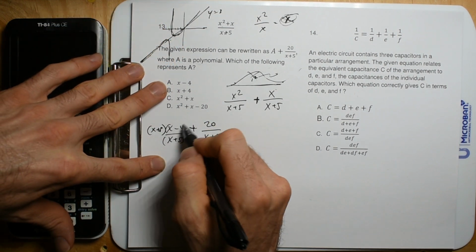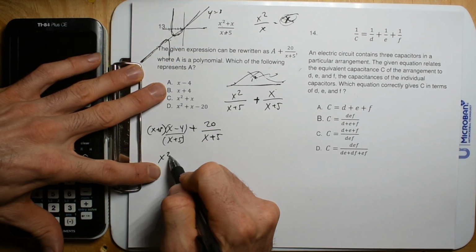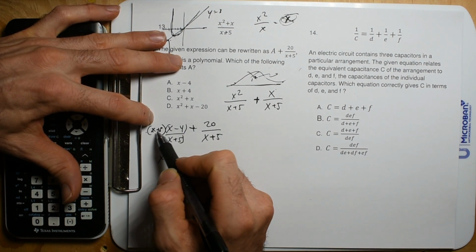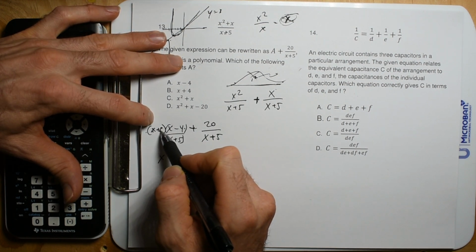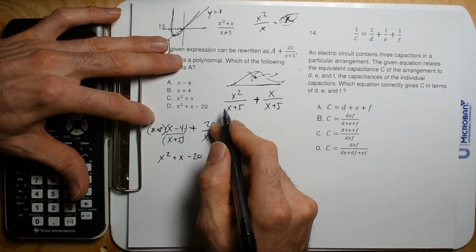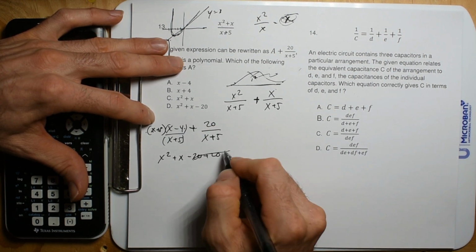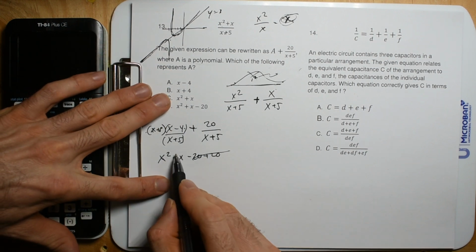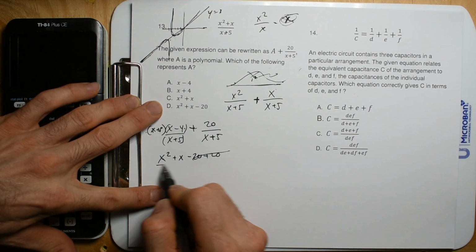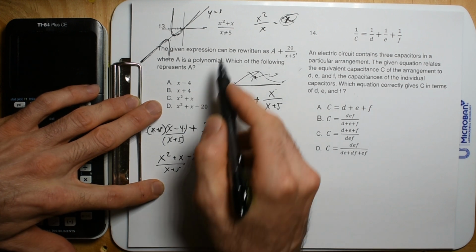Now this is going to be x squared, and I do have to FOIL this one. We have x squared, negative 4x plus 5x, that's plus x, and then negative 20 plus 20. Those cancel, and we have x squared plus x divided by x plus 5.